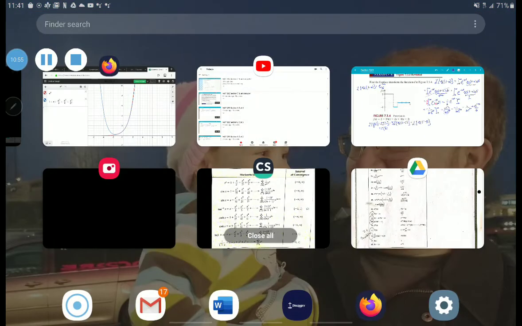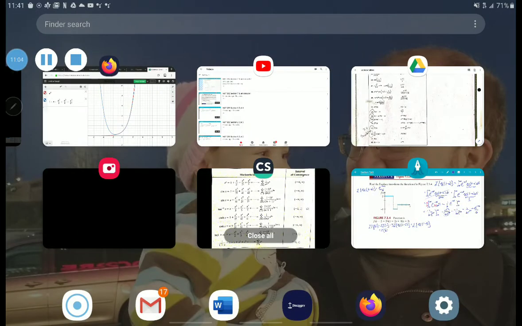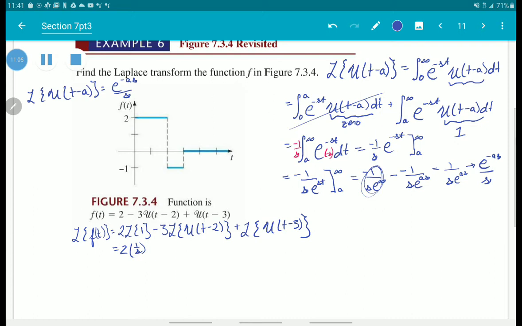And if we look on our Laplace tables, we're going to see that's our number 51 there. So you can see where that guy's coming from. So we found the Laplace of the first piece. Now let's do the second and the third pieces. If we apply this to this, we're going to have e to the negative 2s over s.